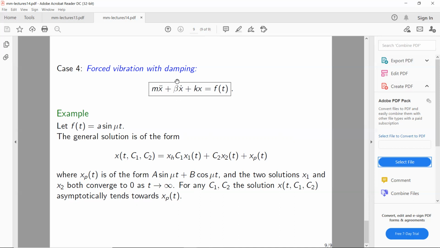So if we are trying to solve this equation, we will see that the particular part is really of this form, because in this case, this mu is not the same as w. And in this case, the resonance cannot occur. The particular solution to this differential equation, in case f is sine, is really a linear combination of sine and cosine. So as t goes to infinity, the motion will stabilize.